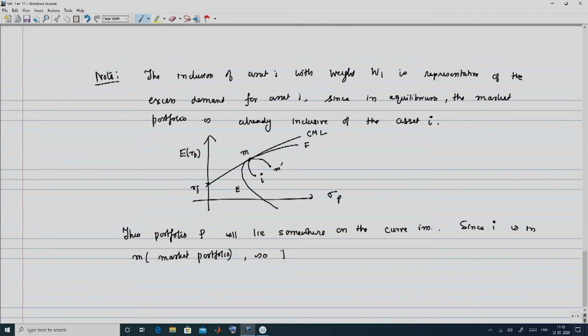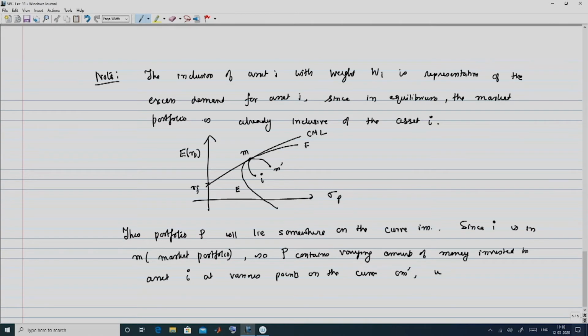So, the portfolio P contains varying amounts of money invested in asset I at various points on the curve I M prime, where M prime is the market portfolio excluding asset I. So, let me explain this.